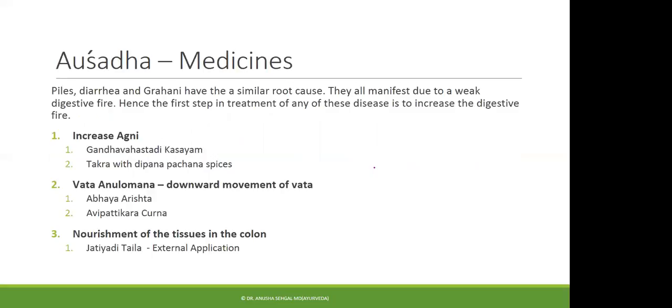Hence, the first step in treatment of any of these disease conditions is to increase the digestive fire, or to increase the Agni. And this is a direct quote from Ashtanga Hridaya in Cikitsa Sthana, where it's the same causative factor for both Grahani and for Arśas.